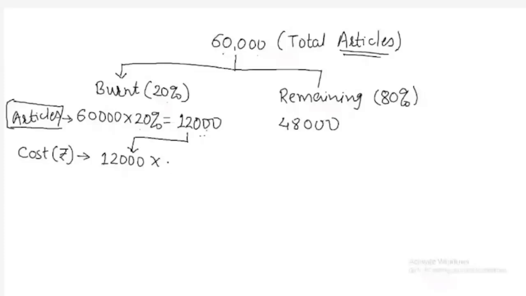So let me write rate first, and then what is the rate? 12,000 into rate 200 upon 12. That is equal to. Do this calculation.